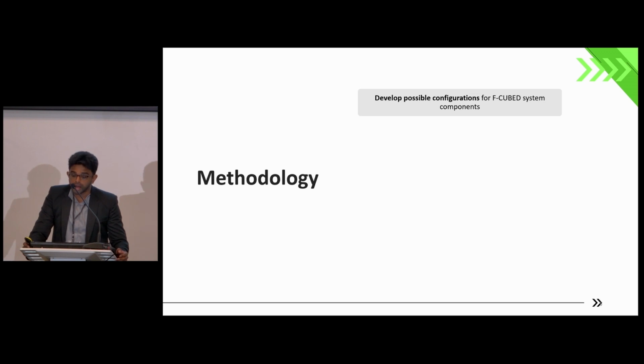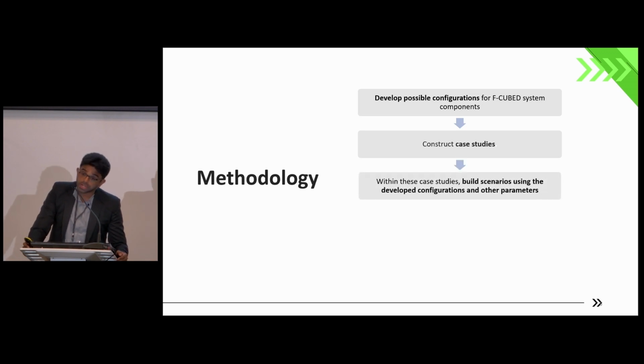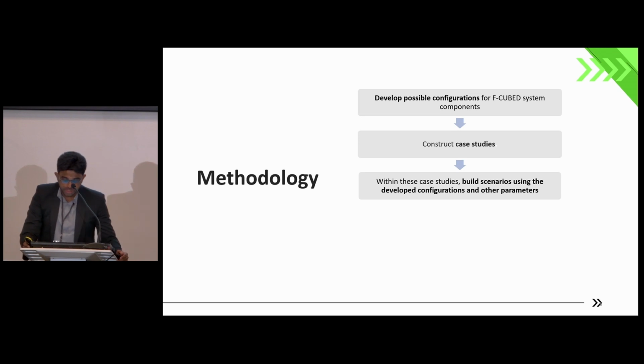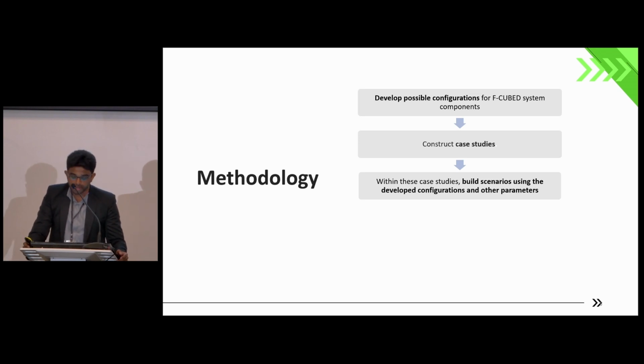And then using the other components, dryer and the pelletizer, I tried to build configurations for the F-cube system. And then construct case studies. And within the case studies, build scenarios using the developed configuration and the other parameters. So we have the transport mode and the end use options and things like that.